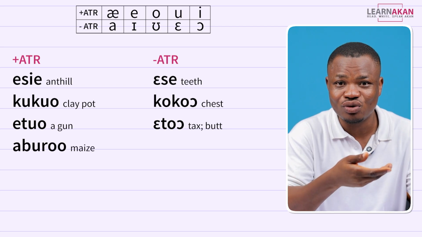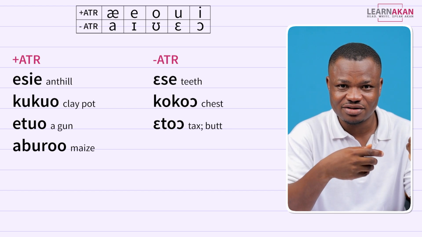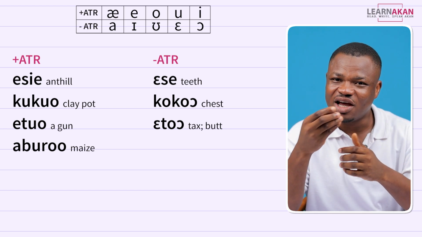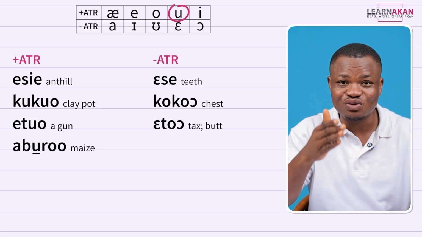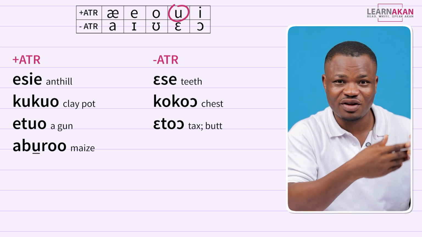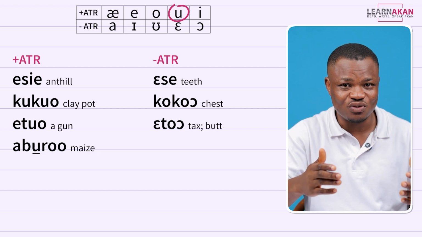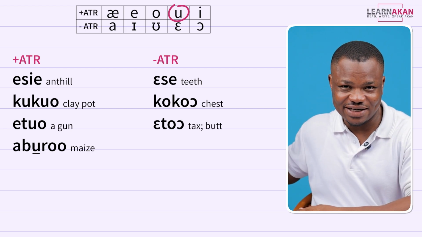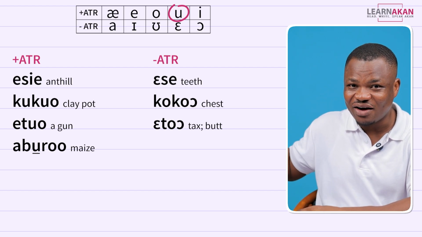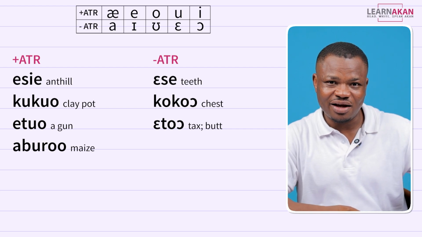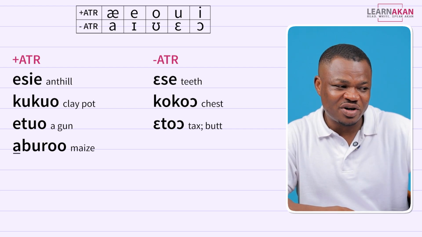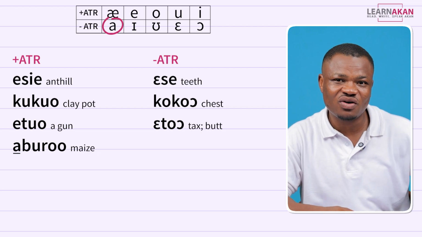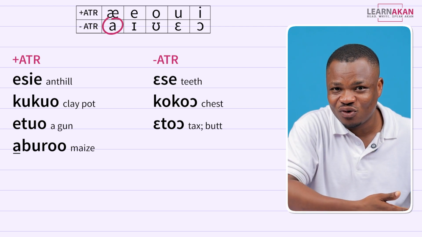We have a brew, and that is maize, right? So we have a brew. Now, you see the U in there. I told you U is always U. It's one of the 4. So we have U as U. And we know U is from the plus ATR set. So once we have that, then the A in front, we said the A vowel can represent the sound A, so the regular A, as in adanko.